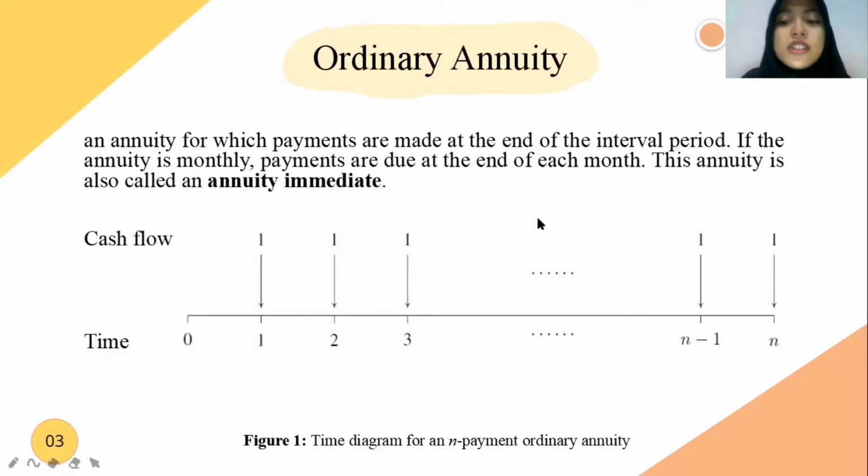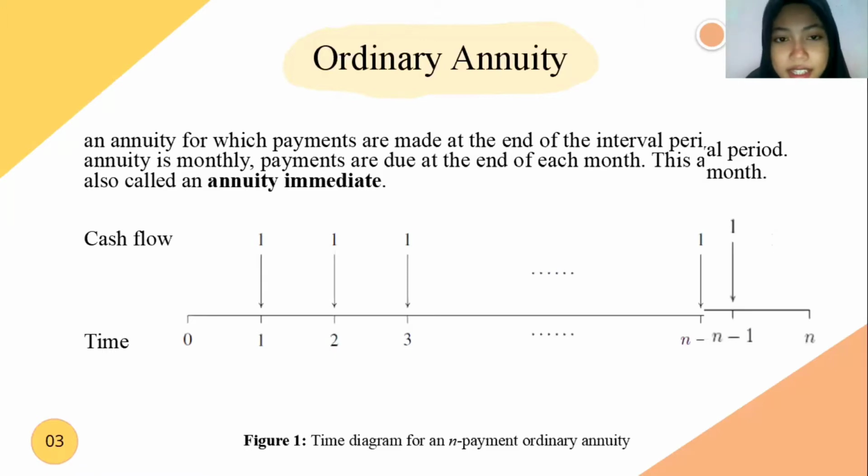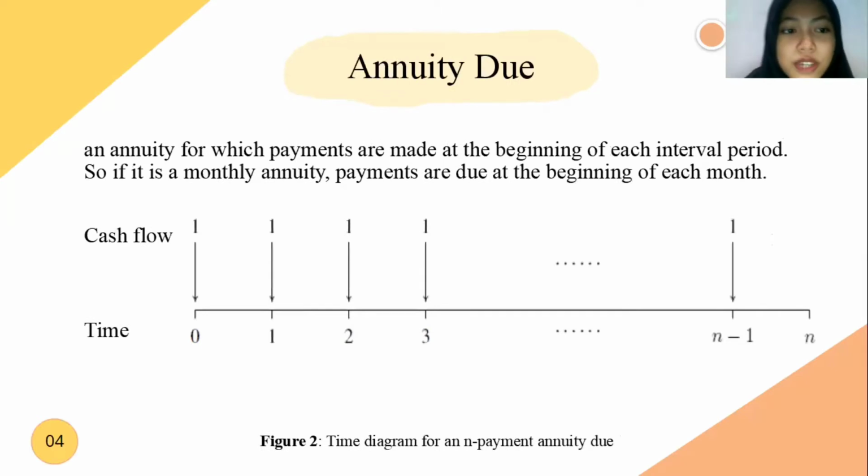So, the last payment is made at the end time period. And then an annuity due is an annuity for which payments are made at the beginning of each interval period.